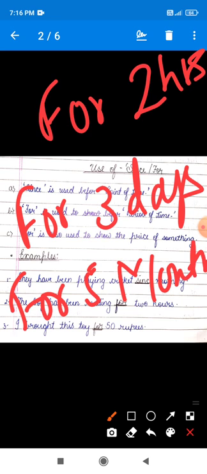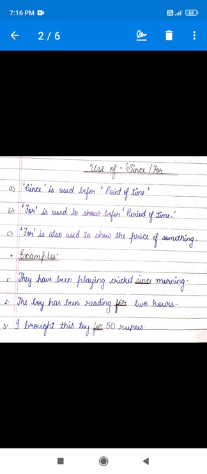So these all are periods of time, and before the period of time we always use preposition for. I hope you have got these 2 points very well.